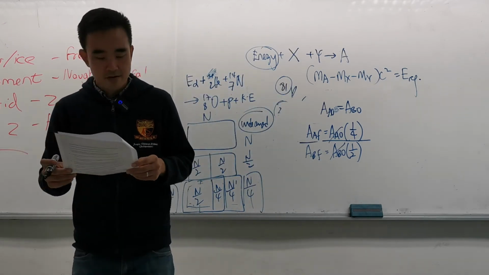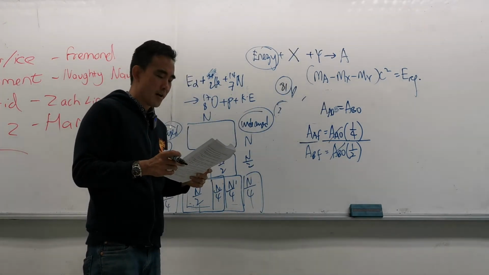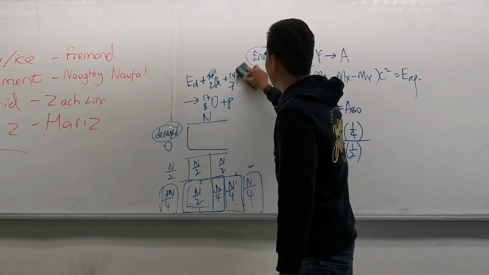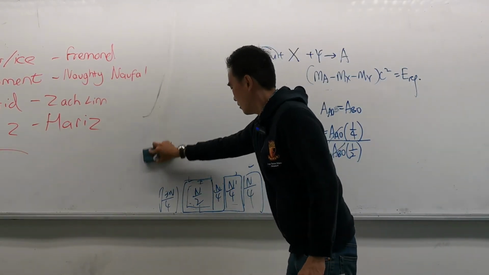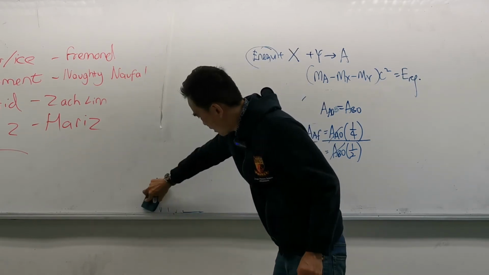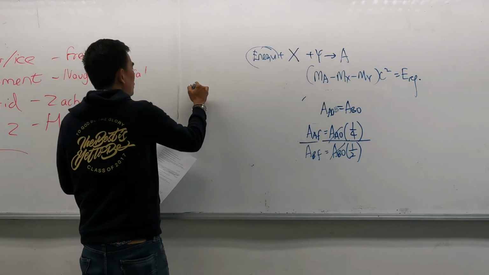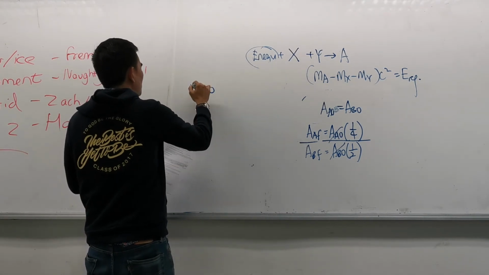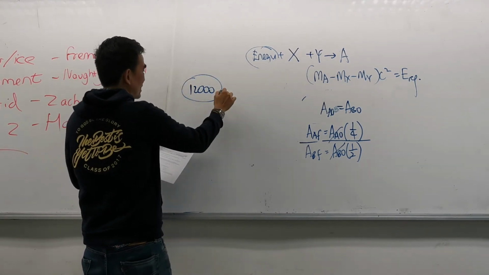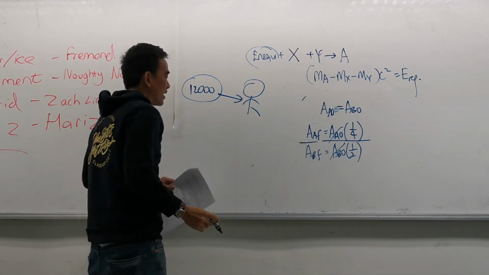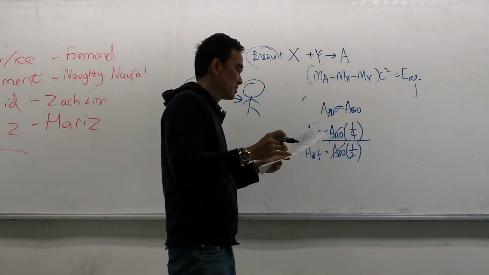Now, number 9 is very interesting. It's a question about a technique that is actually being used. Something originally has 12,000 counts, the radioactive substance, and is injected into a human.